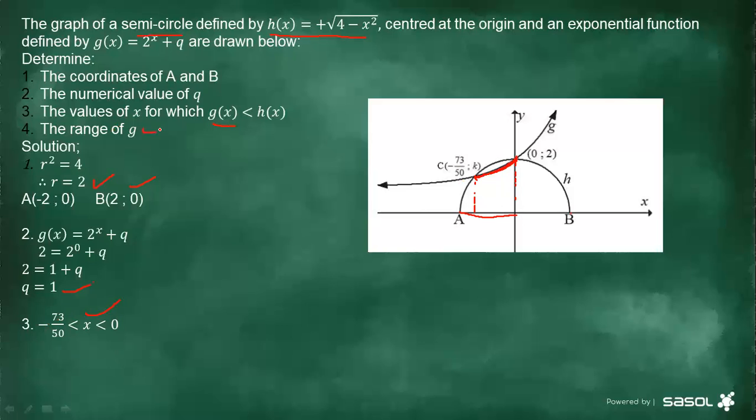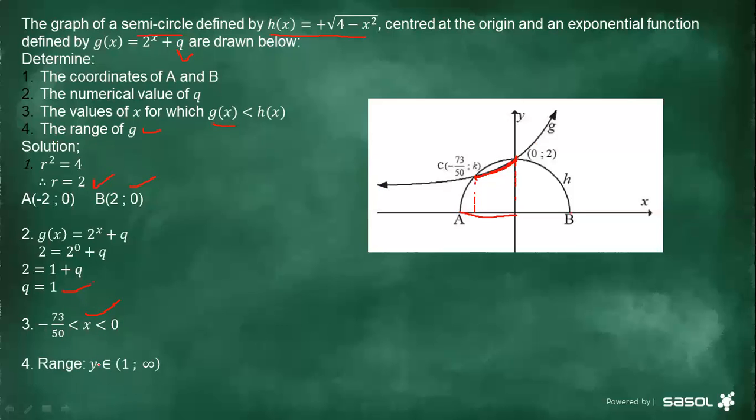And then what is the range? Remember, for you to get the range of this exponential, you have to know the asymptote. The asymptote meaning the value of what? The value of q. And we said the value of q in this case is 1.